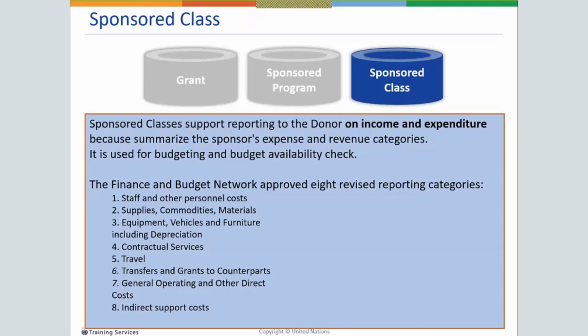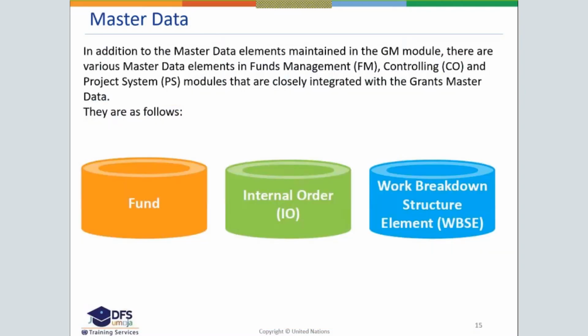Okay. So apart from this grant management master data that we have seen, we have our sponsor program, sponsor classes, and our 4 types of grants. There are other elements involved in this grant management process: the funds, the internal orders, and the work breakdown structure elements.